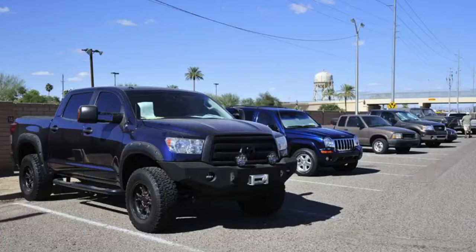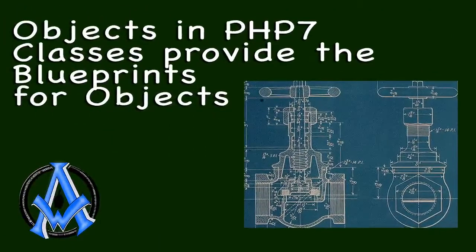So that first set of values, like the VIN number, the weight, and the height, will be one class. Classes are the blueprints for the objects that we create. So in OOP, we would create an object that holds these values.